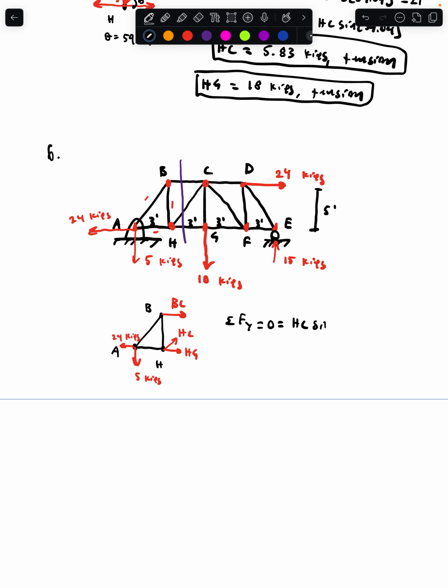That's going to be HC times the sine of 59.04. And then we have minus 5. So HC is 5.83 kips, and that is in tension because we're pulling on the joint.